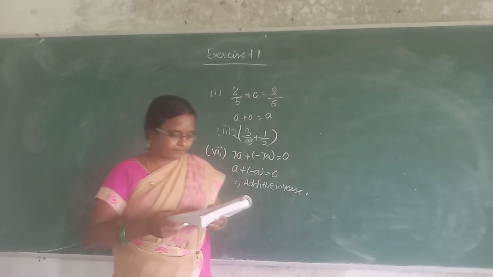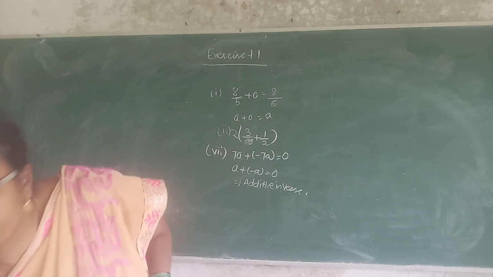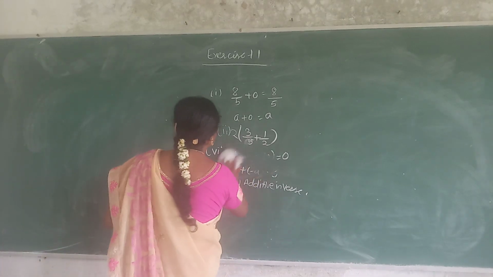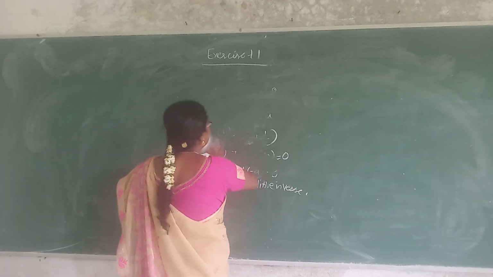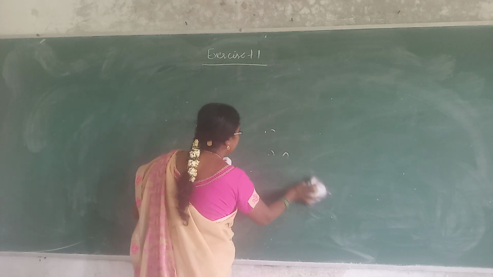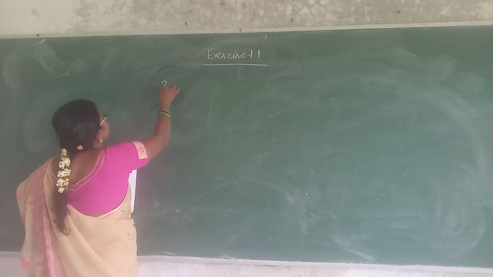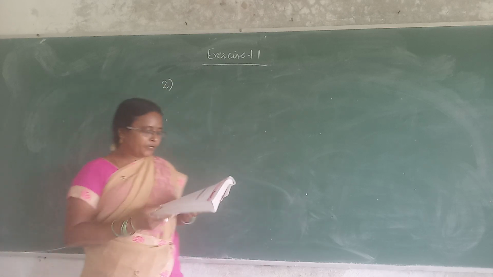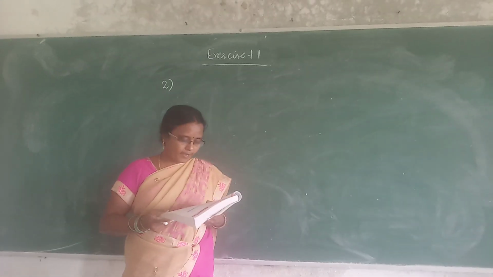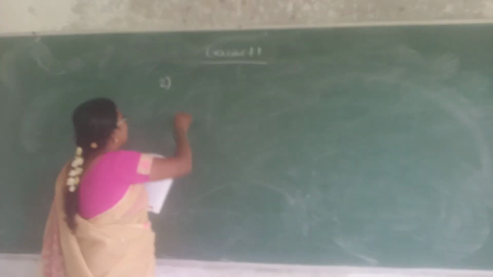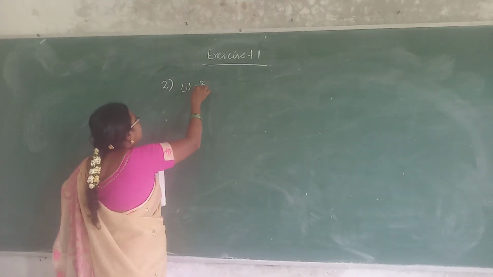Now, we solve the second bit. Write the additive and multiplicative inverses of the following. The first one we shall see is minus 3 by 5.